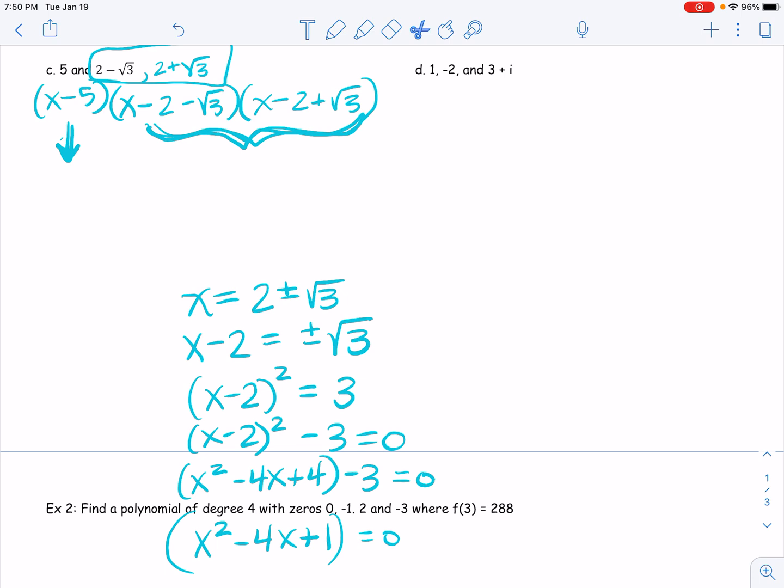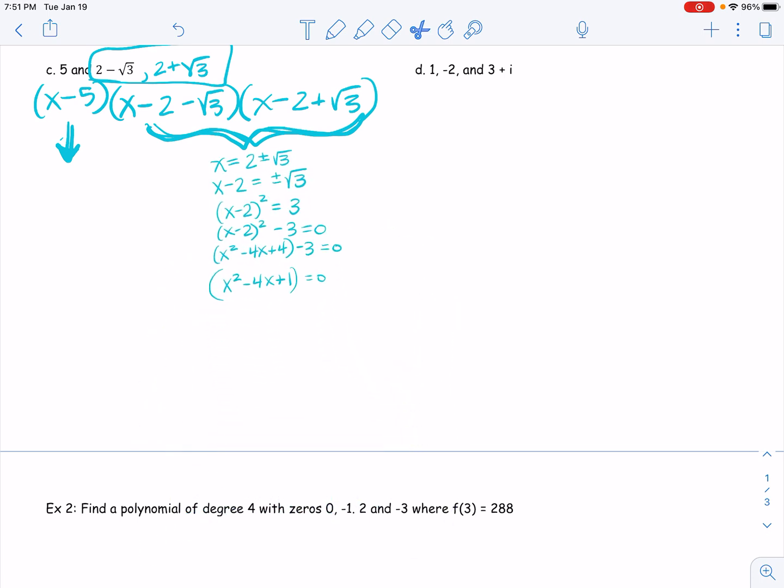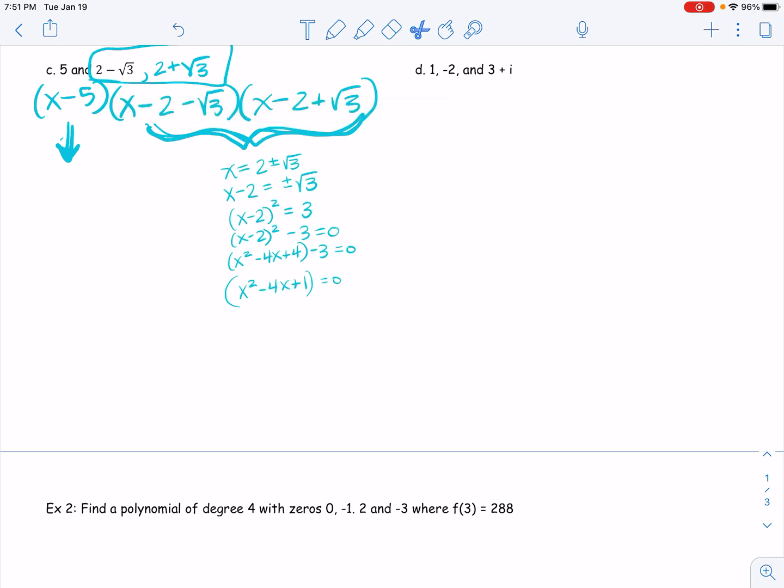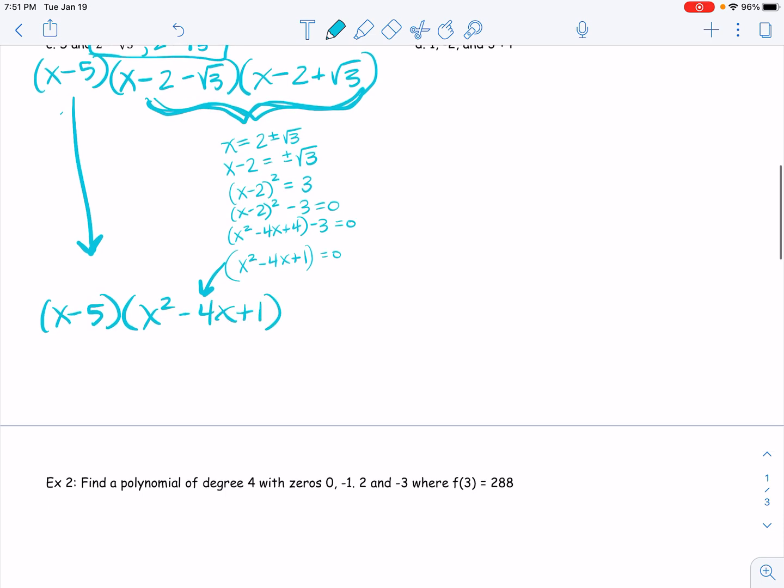So let me make this a little bit smaller. So I can kind of do that. And so then I have x minus 5 times x squared minus 4x plus 1. And so then I just multiply that together.